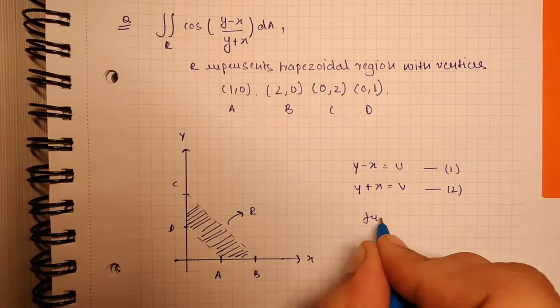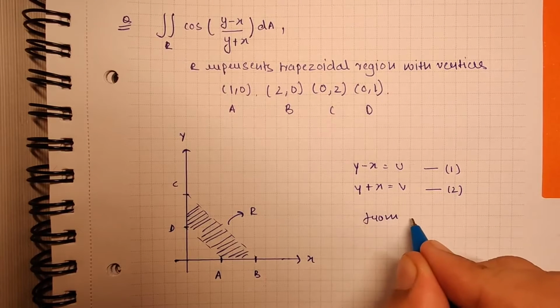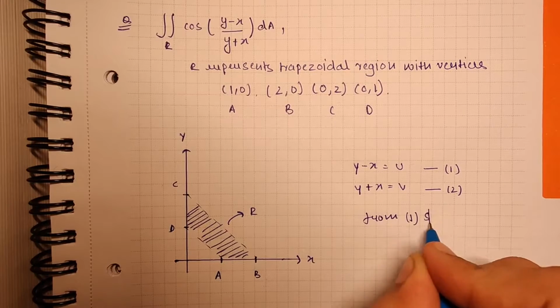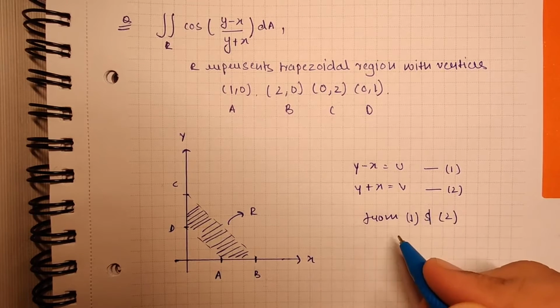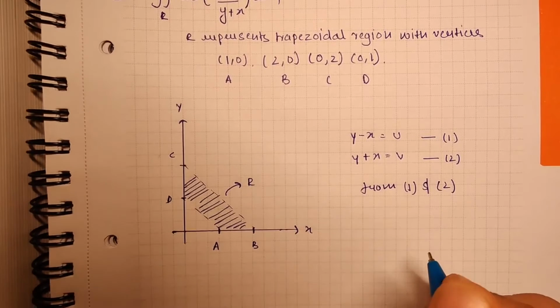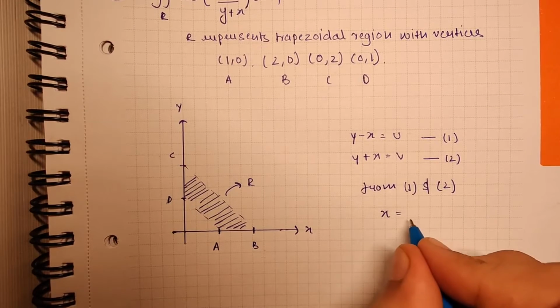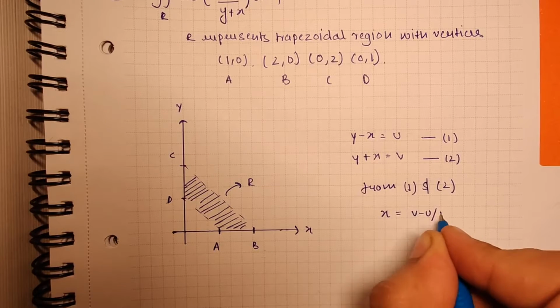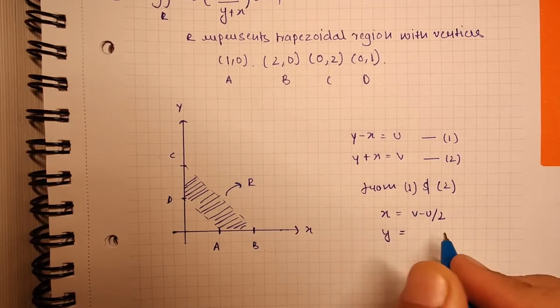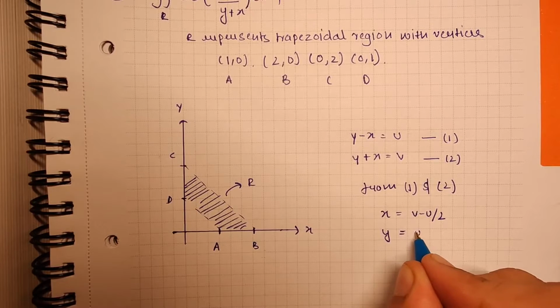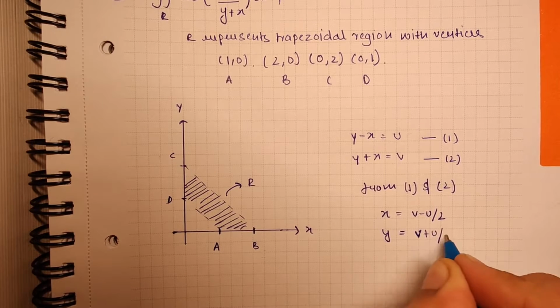So from 1 and 2, we can easily spot out that our x is equal to (v minus u) upon 2 and y is equal to (v plus u) upon 2.